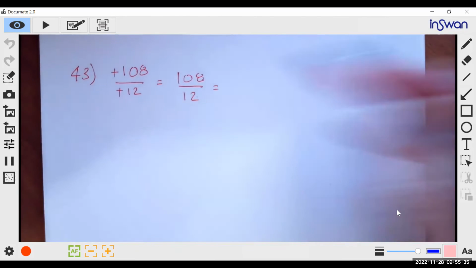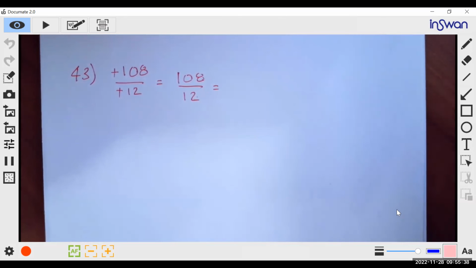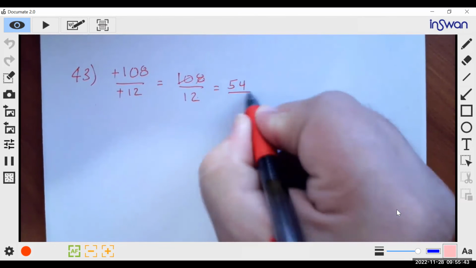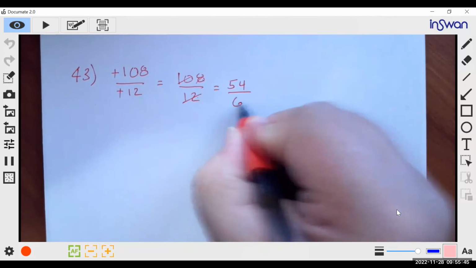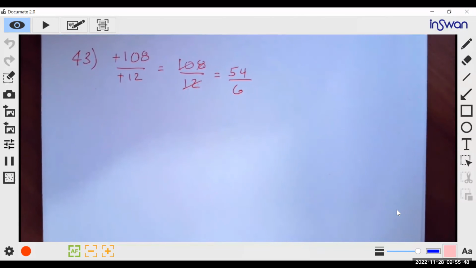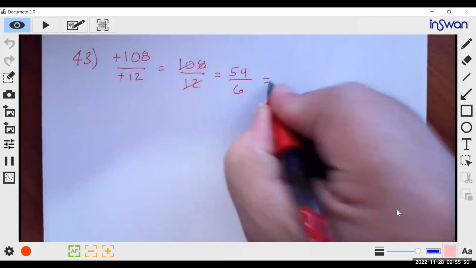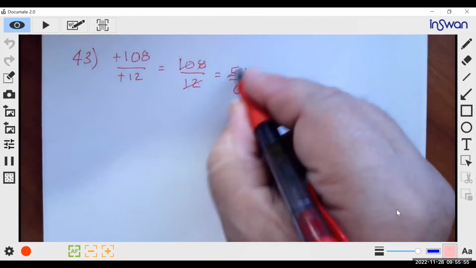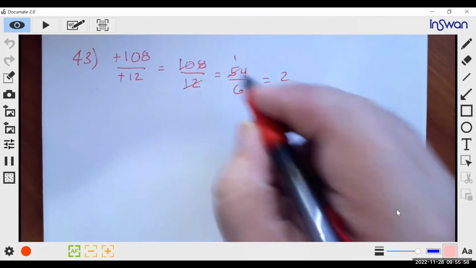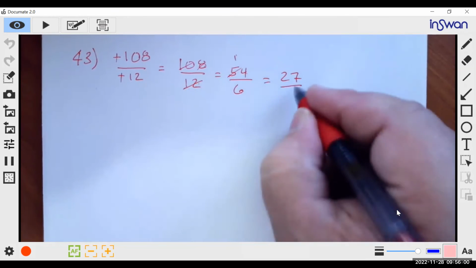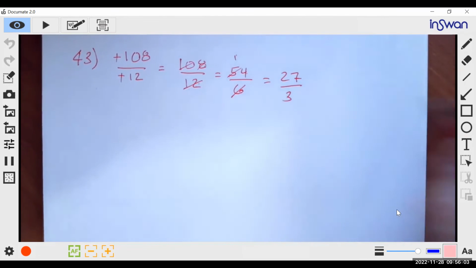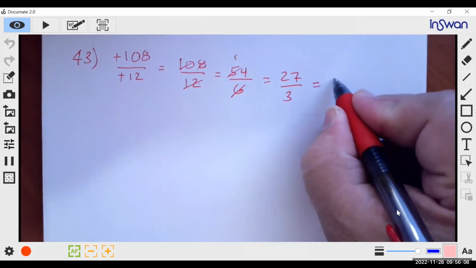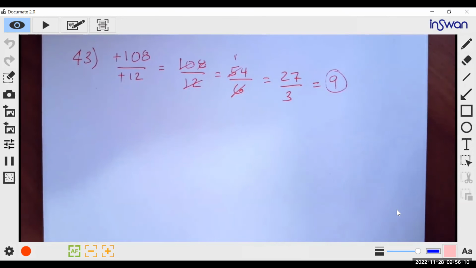They both end in even integers, so 2 goes in both of them. 2 goes into 10 5 times. 2 goes into 8 4. 2 goes into 12 6 times. And then even integers again. So 2 goes into 5 twice with 1 left over. 2 goes into 14 7. 2 goes into 6 3 times. 27 divided by 3 is what? And there's your answer.